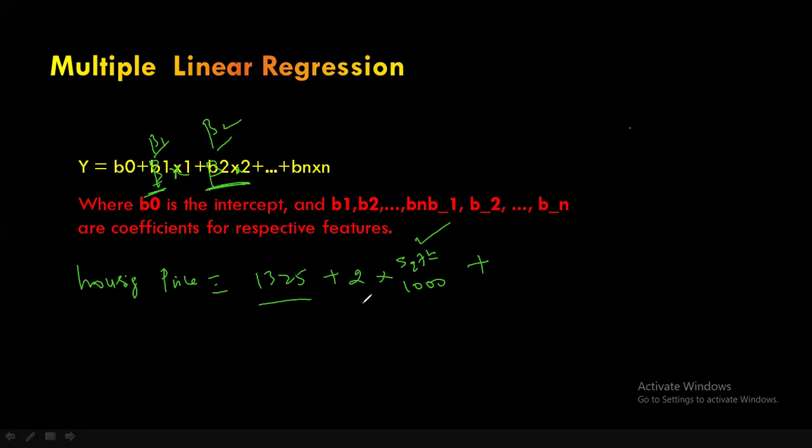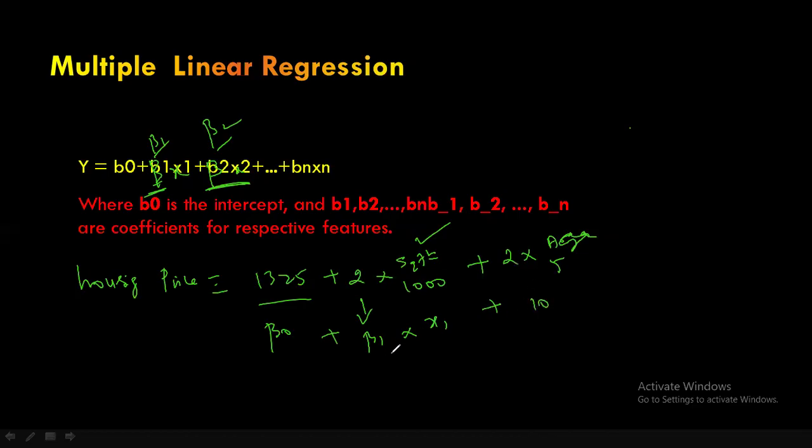So this is your beta 1 and x1, and this is your beta naught, and plus here you have the slope for, let's say, the age of the house. For the sake of simplicity, I just say 2 into the age of the house. Let's say the house is 5 years old. 2 into 5 is 10.